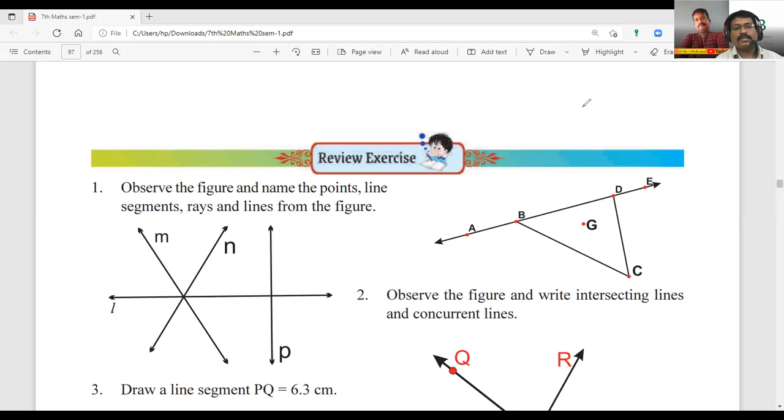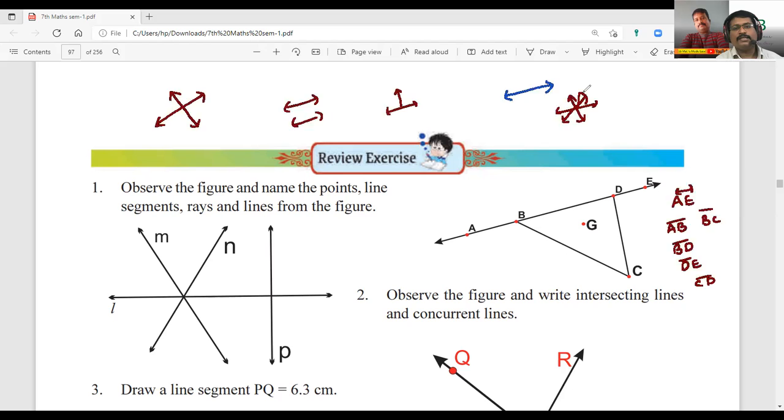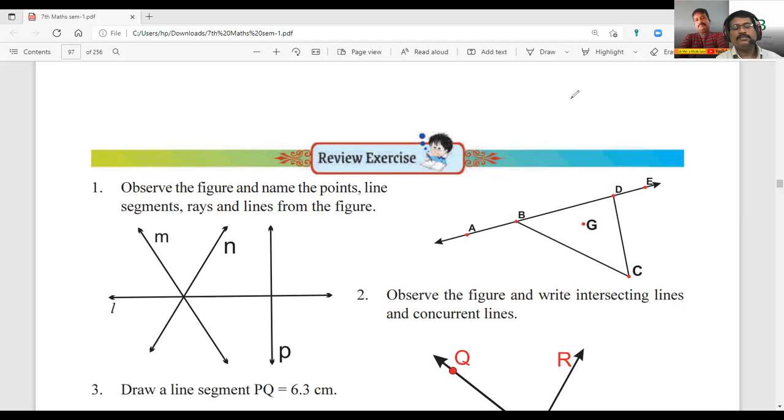If three or more lines pass through one point, then we call them concurrent lines. So the second problem's introduction is done.